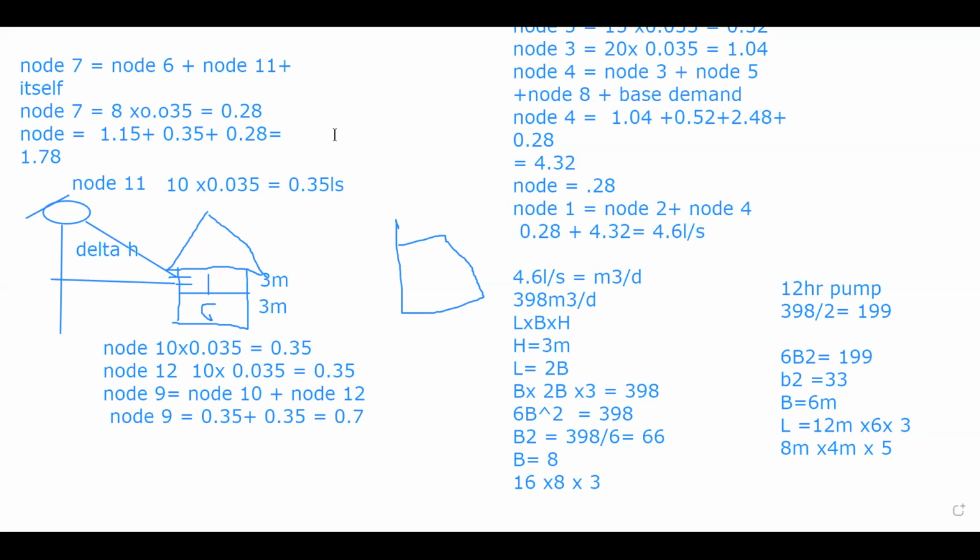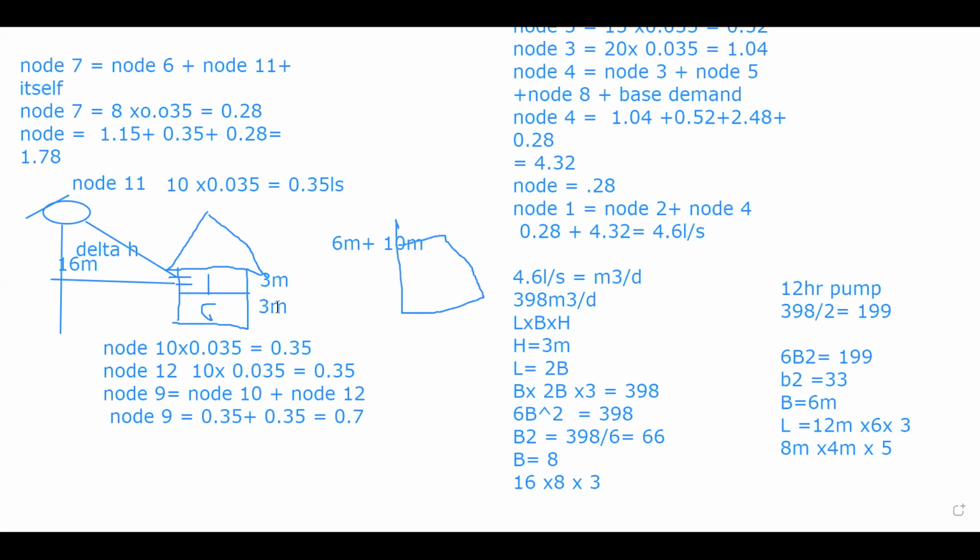If this is 6 meters, that's the height difference, and I want a service pressure of 10 meters, which is 1 bar, right? It means that this tank now will be 16 meters. That is just the point. Case closed. That's the grammar I'm trying to speak. Yes. This is the difference.